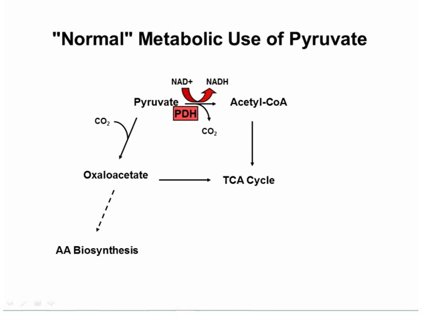B1 and B7. Essential enzyme cofactors. Thiamine, 2 carbon transfers. Biotin, 1 carbon transfers. 2 carbon here is going to be transferred from pyruvate, kick out the CO2, so the 2 carbon is transferred onto coenzyme A. So this will be a thiamine dependent reaction, and this one biotin dependent.